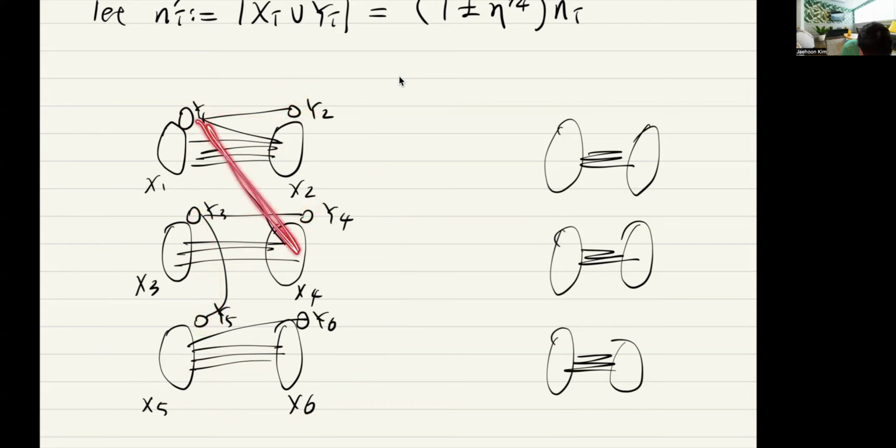However, if there isn't this edge, let's draw red to indicate superregular. And if there is this edge, then there is epsilon regularity between this pair and epsilon regularity between this pair. So this is the situation, and they have almost the same size, but not quite.